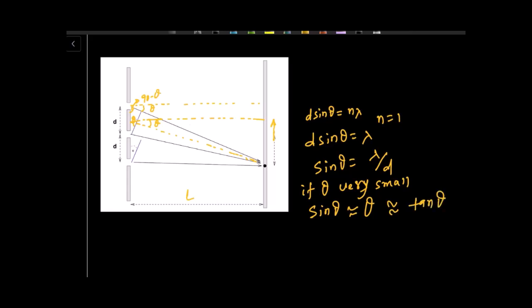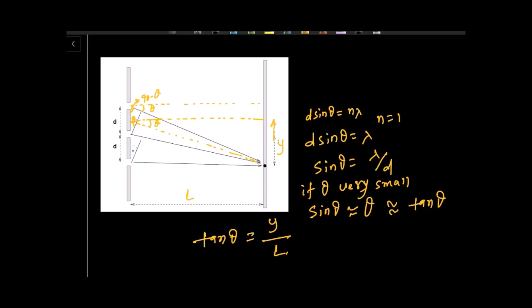So for tan theta, let this be y length. We can write tan theta is equal to y upon L. And sine theta is equal to lambda upon d.